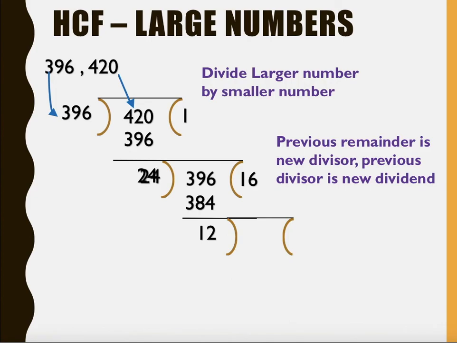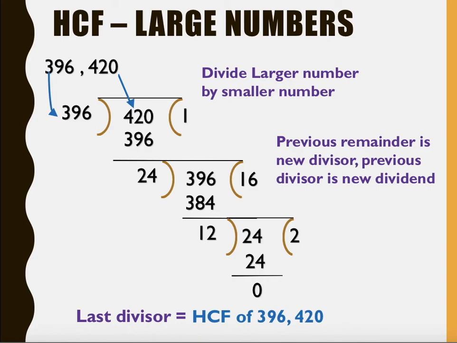And I say 12 is my new divisor and 24 is my new dividend. So 12 goes 2 times is 24 and I get a remainder of 0. Obviously, once I get a remainder of 0, I'm done with the division. So the last divisor is the HCF of 396 and 420, which is, that's right, it is equal to 12.